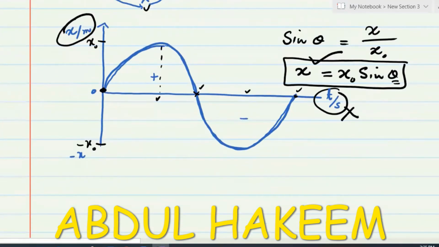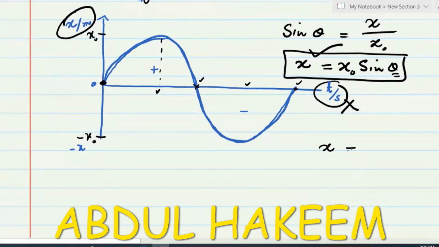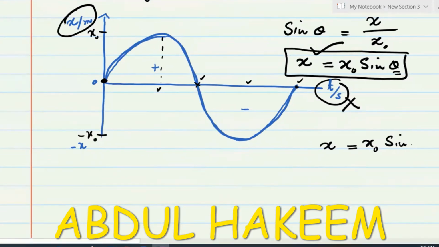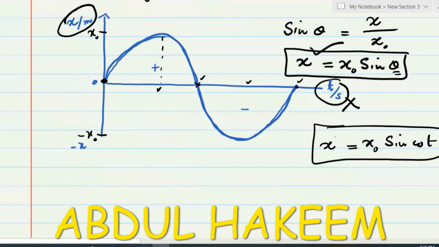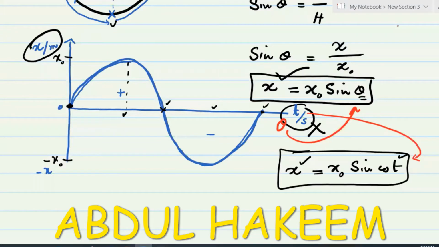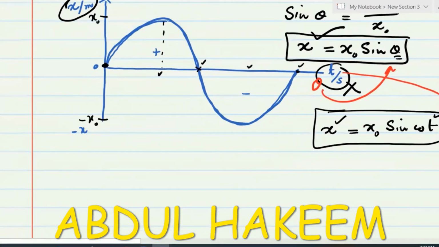So x is equal to x naught sine, and theta is the angular distance. So theta can be written as angular speed into time. So now the equation has both displacement and time. So this is the equation for this graph. x is equal to x naught sine omega t. This is the displacement against time graph.